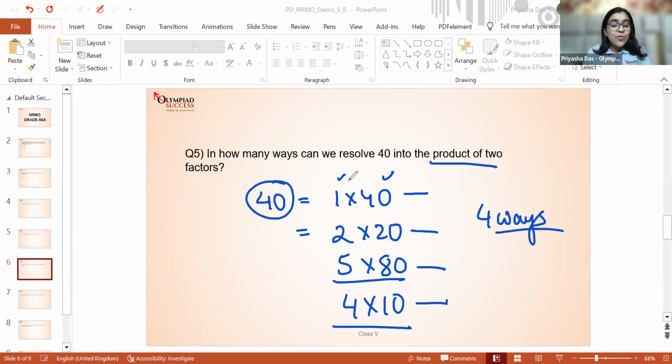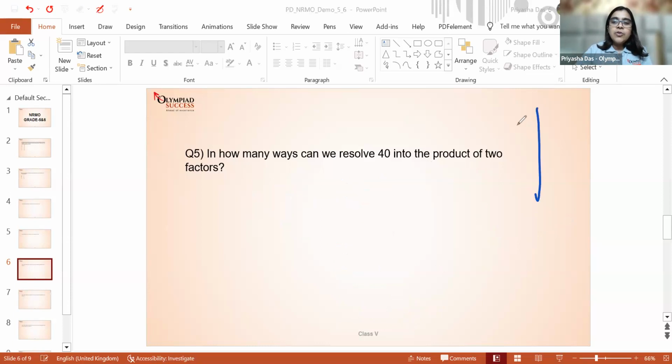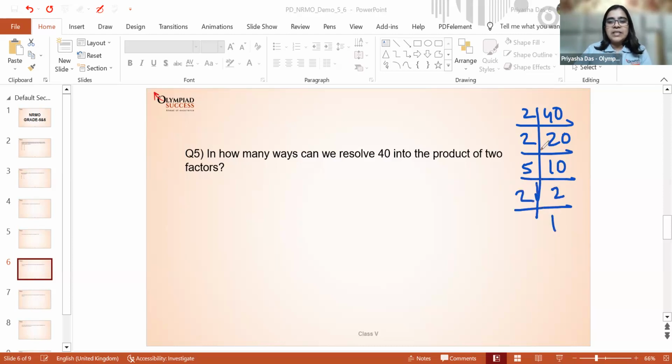That formula is whatever you did for calculating the number of factors. You remember what you did to calculate the number of factors? Anyone remembers that? What did we do? We took out the prime factorization. Oh, guys, you can type it in the chat box, please. 20, 2, 10, 5, 2 and 2, 1. 2 to the power 3 into 5 to the power 1, right?